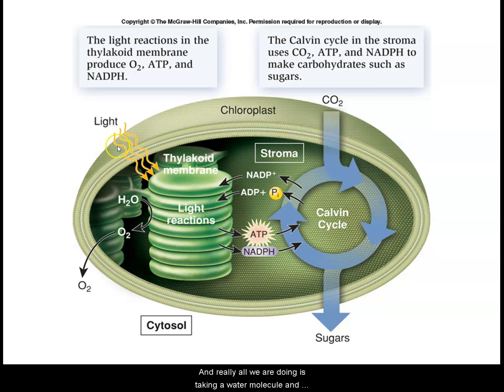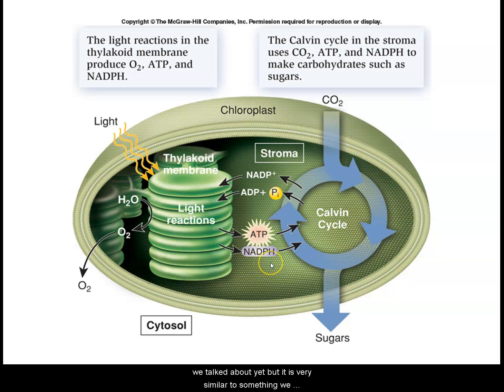And really all we are doing is taking a water molecule and breaking it open by a process called photolysis, taking energy from the sun and infusing that into the electrons from the water, a byproduct of which is going to be oxygen. The other main byproduct of these reactions is the synthesis of ATP and NADPH.